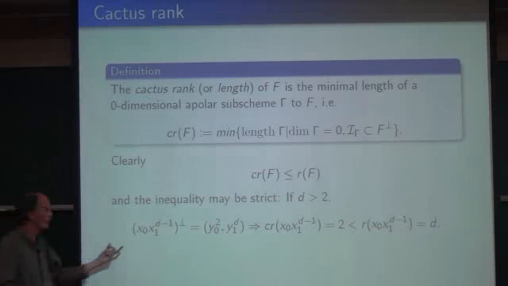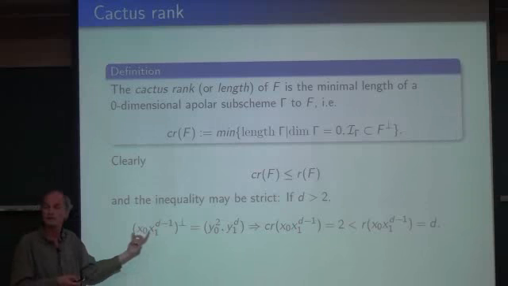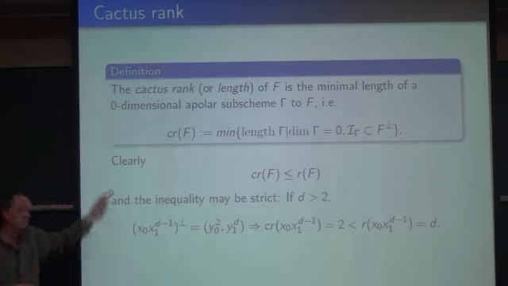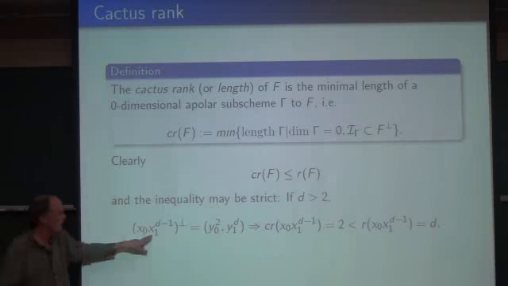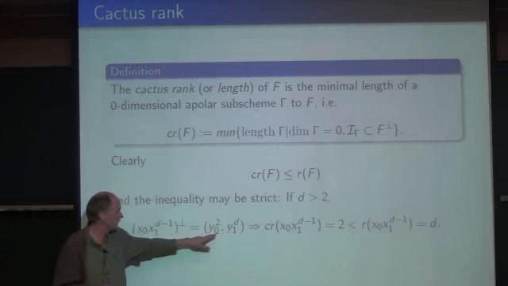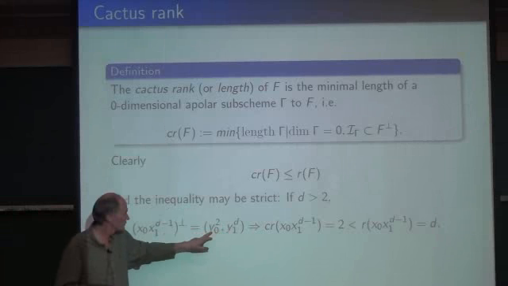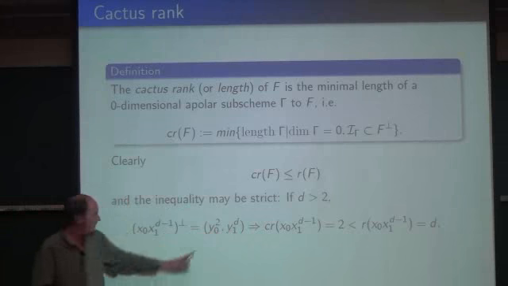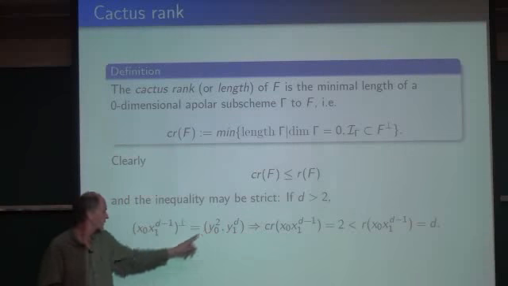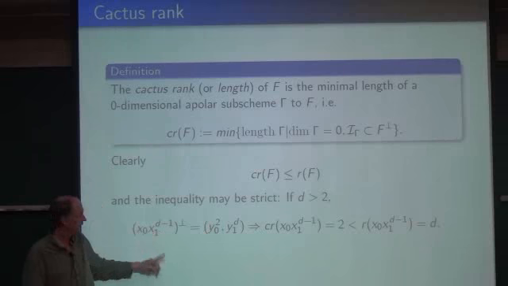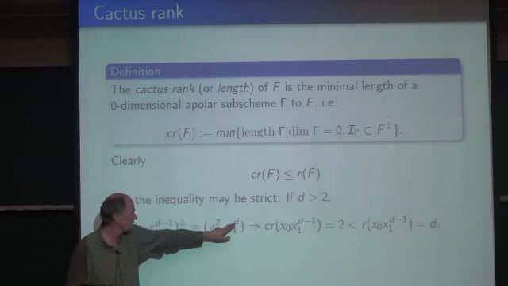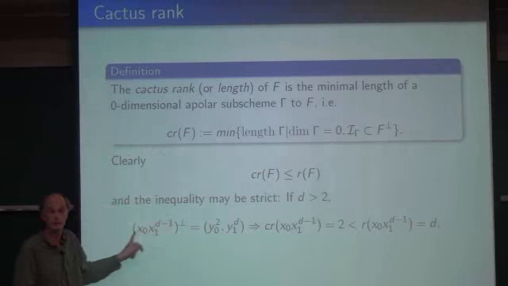Back to the original question, can I write this as a sum of dth powers of linear forms? And this analysis says, well, first of all, the apolar ideal, the annihilator, is generated by these two elements. If I apply y0 twice, I kill this guy. If I apply y1 d times, then I also kill this guy.